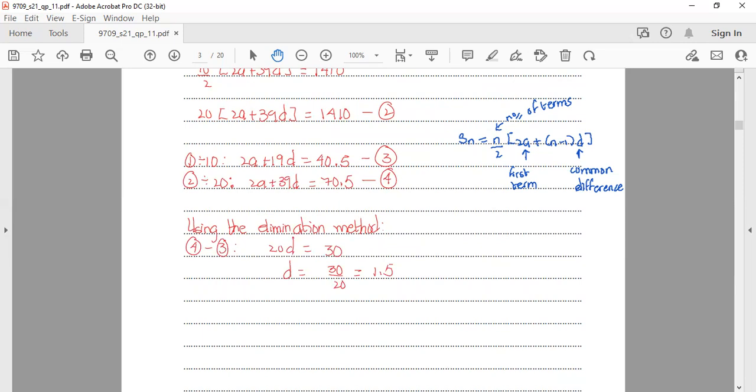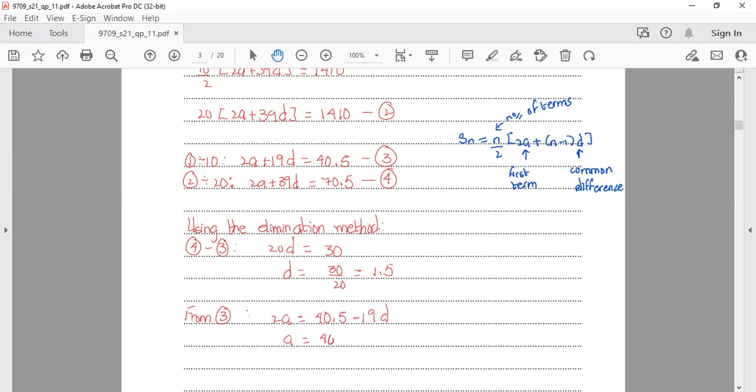Okay, so now I need to find the value of a. I can replace the value of d in any equation 1, 2, 3, or 4. So, for example, here I will choose to replace it in equation 3. So I'll say from equation 3, I have that 2a will be equal to 40.5 minus 19d.